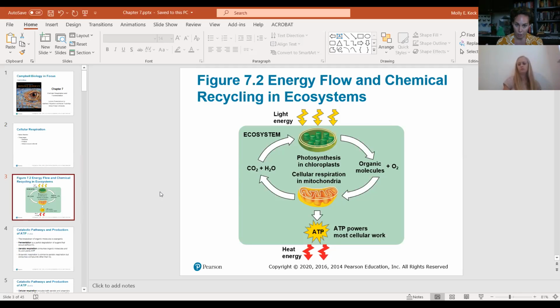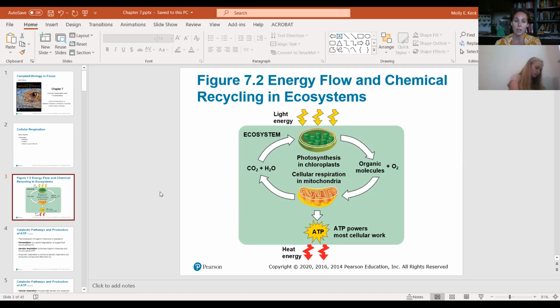So the sugars that are made by the plants and the oxygen are used in cellular respiration. The energy organelle for plants is the chloroplast. The energy organelle for humans, or for animals, not just humans, for any non-plant, is the mitochondria. So most of cellular respiration is occurring in the mitochondria or very close to it.